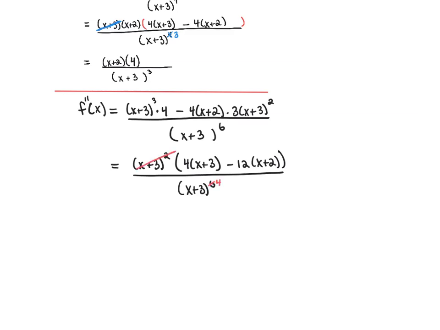Removing 2 of the factors, now simplifying the numerator of my second derivative. So I have 4x minus 12x, so minus 8x, and then I have 12 subtract 24, so subtract 12. Maybe let's go ahead and factor a -4 out of there.